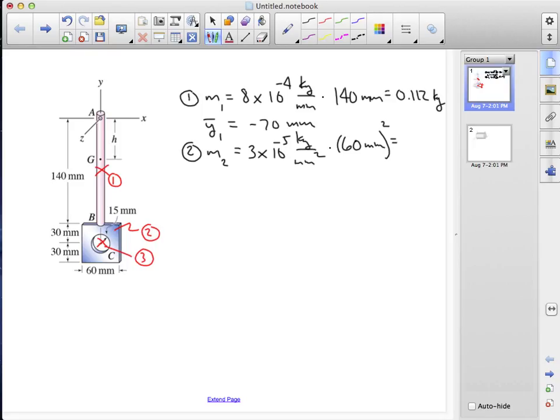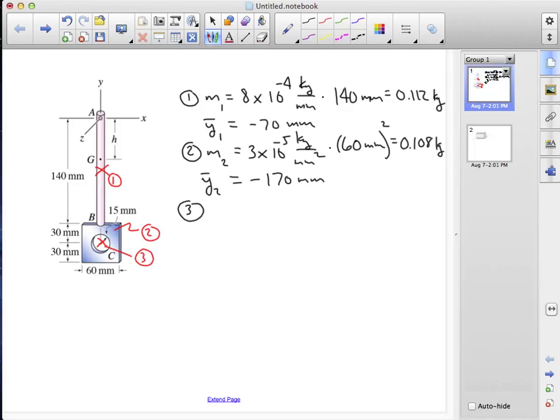And that number turns out to be 0.108 kilograms. Its Y center, as we indicated before, is 140 plus 30 millimeters. It's minus 170 millimeters in this case.